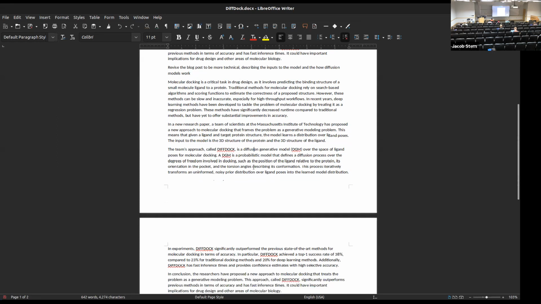And it added this paragraph where it says, a DGM is a probabilistic model that defines a diffusion process over the degrees of freedom involved in docking, such as the position of the ligand relative to the protein, its orientation in the binding pocket, and the torsion angles describing its conformation. That is exactly like the core essence of the paper. I can tell you that from having read it myself.